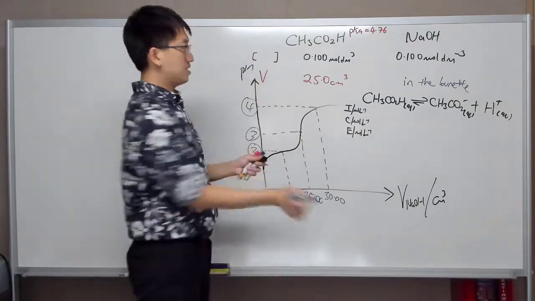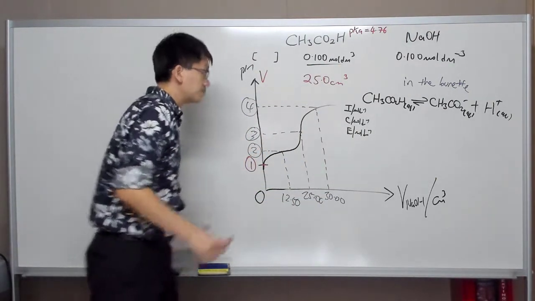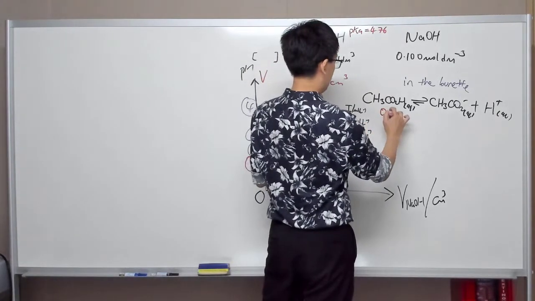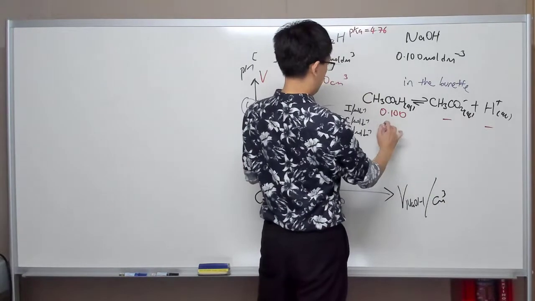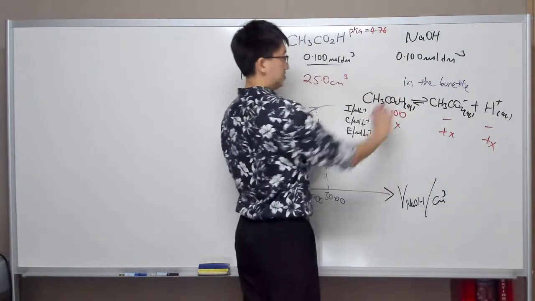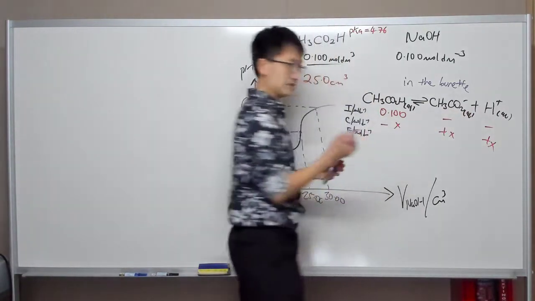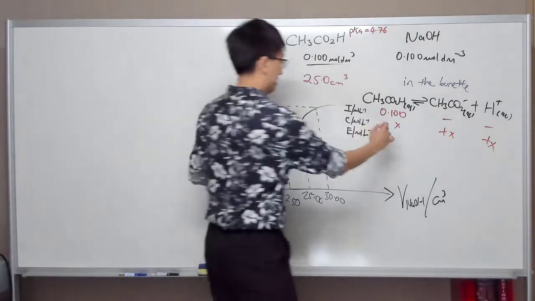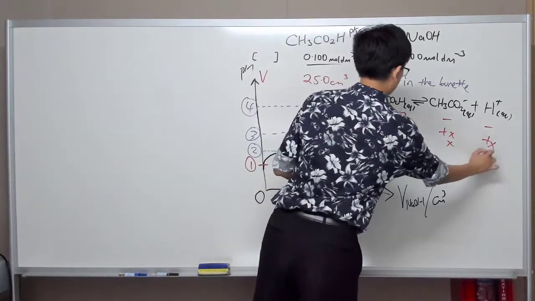Yeah, and because we start off with 0.100, okay, so we try to fill in the table. So we have 0.100, so we have dash here, and then minus x, plus x, plus x, because they dissociate in a 1:1 ratio. So if this decreases by x, the other two will increase by x amount. Okay, and then of course this will be 0.100 minus x, and then x.